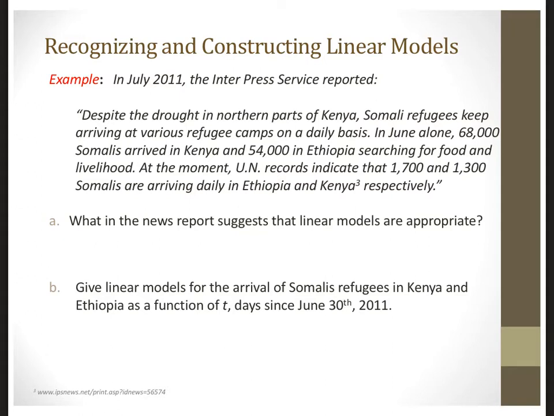We would like to construct models for how the number of Somali refugees in Kenya changes with time, and how the total number of Somali refugees that have arrived in Ethiopia changes over time.